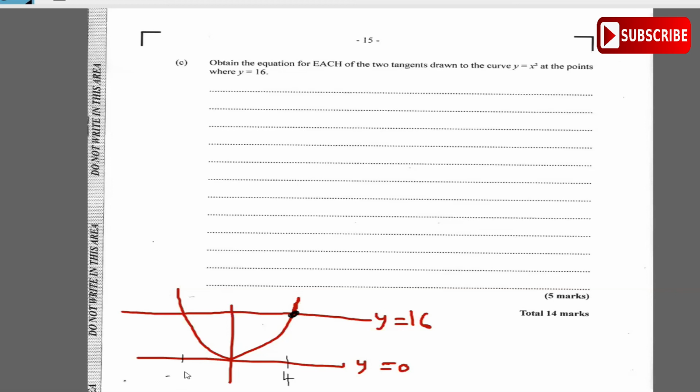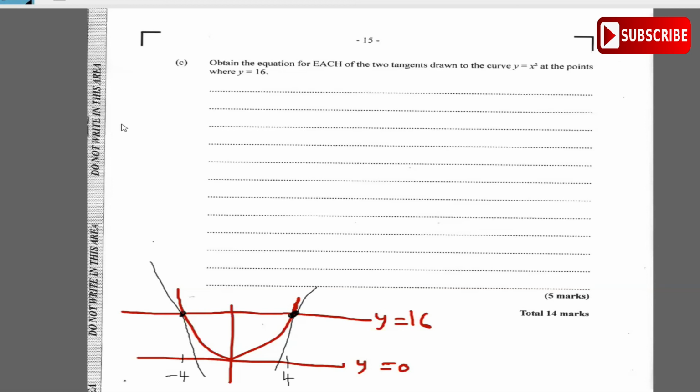So what they're asking us to find, graphically, is the equation of this line, that's a tangent at that point, and the equation of this line, which is another tangent at this point. So they're asking us to find the equation of these two black lines.